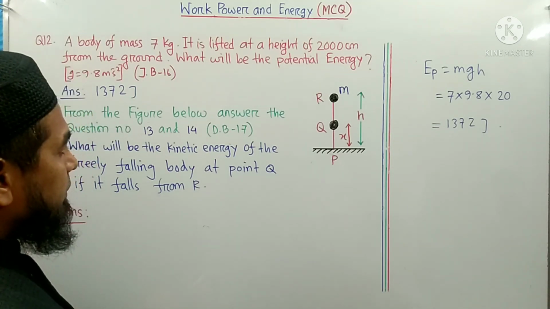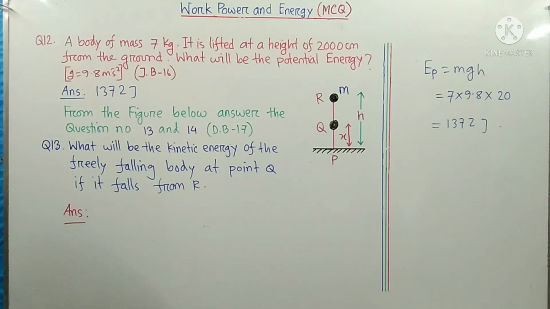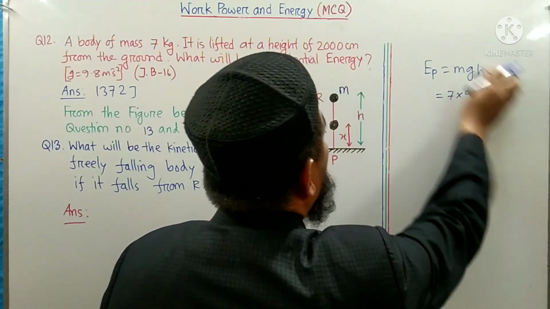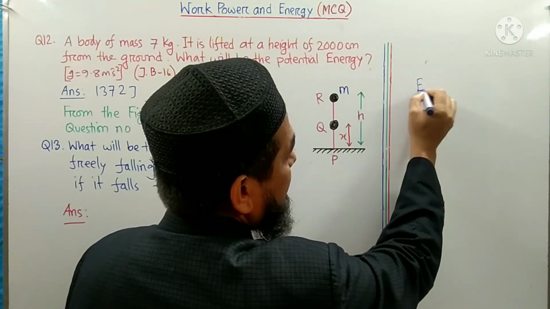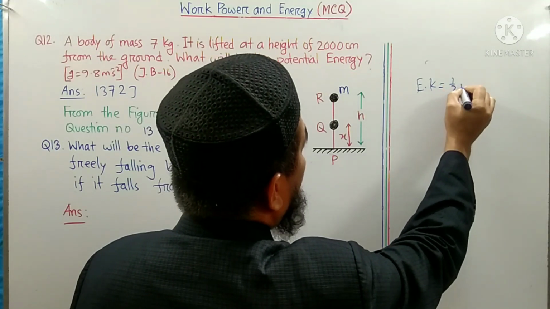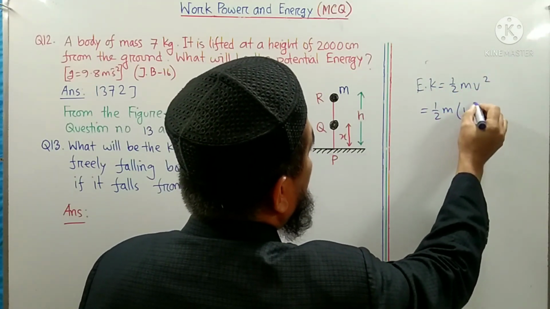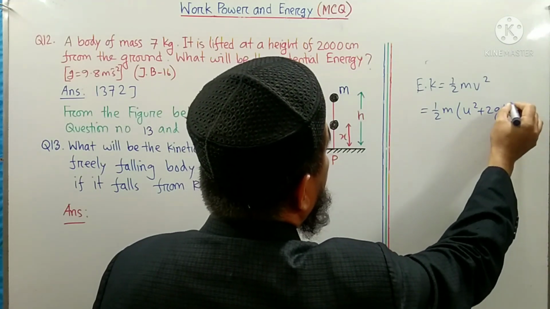So kinetic energy, we know kinetic energy Ek is equal to half mv square. Half mv square is equal to half m(u square plus 2gh prime).